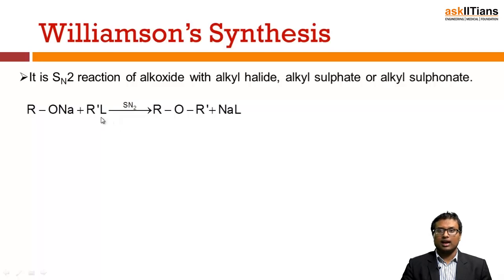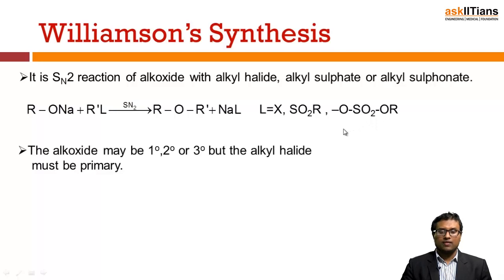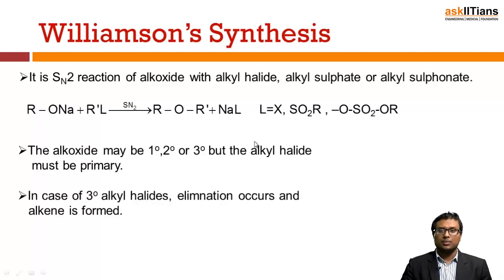It can be alkyl halide, alkyl sulfonate or alkyl sulfate. So L can be X, L can be SO2R, L can be OSO2OR. The alkoxide might be 1 degree, 2 degree or 3 degree, but remember the alkyl halide must be primary. And the important concept of Williamson synthesis is that if you have a tertiary alkyl halide, elimination occurs and an alkene is formed.